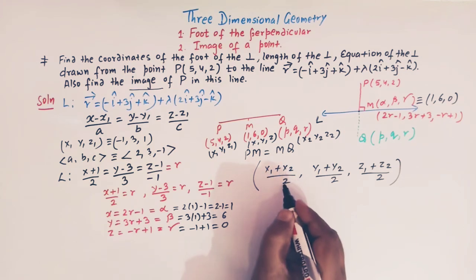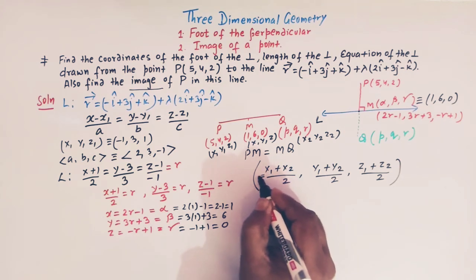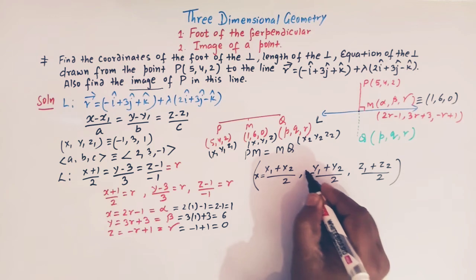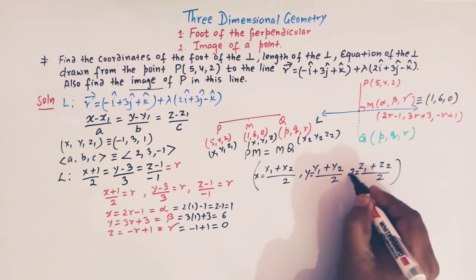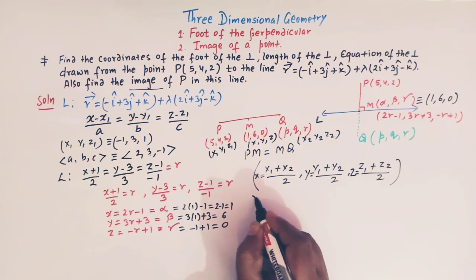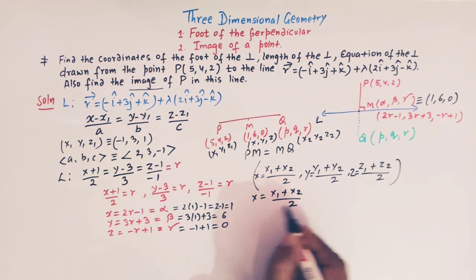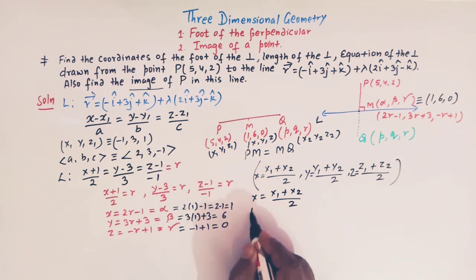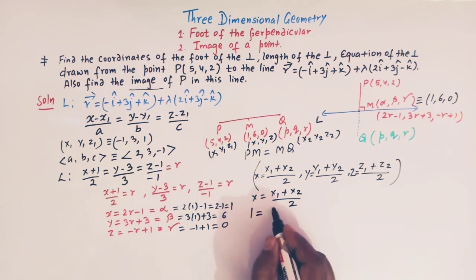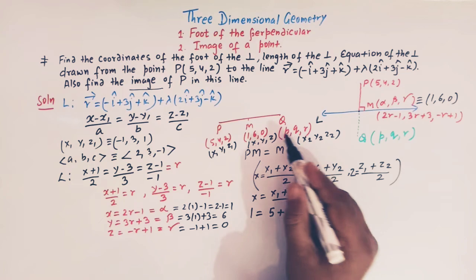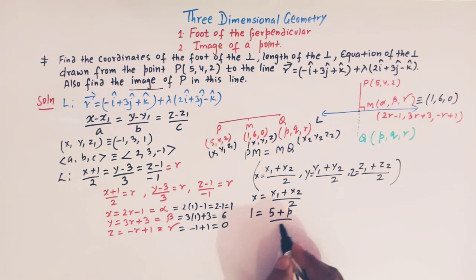So (x1 plus x2) over 2 is equal to x, this is equal to y, and this is equal to z, right? So now x is (x1 plus x2) over 2, and x is 1, and x1 is 5, and x2 is p, right, over 2.